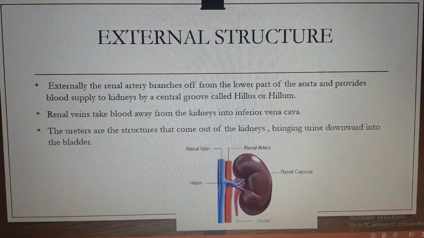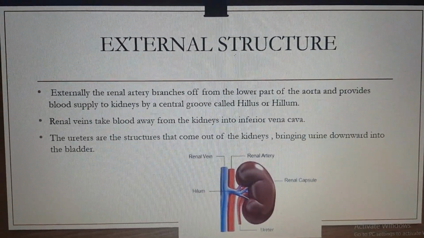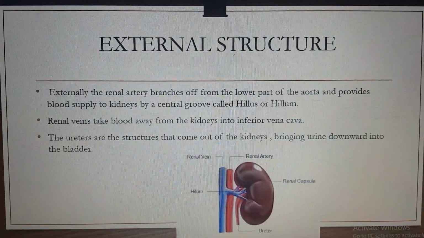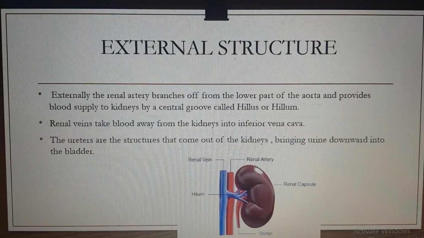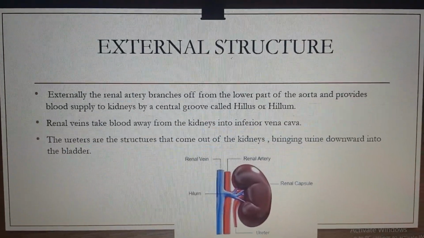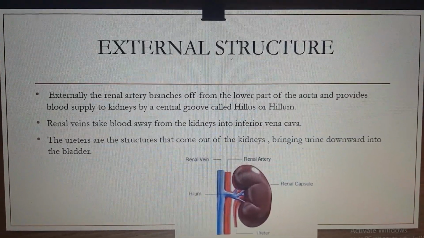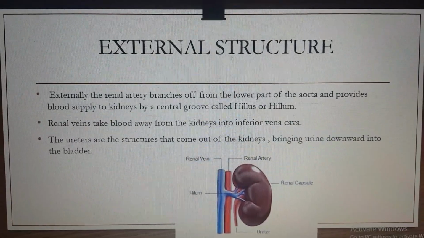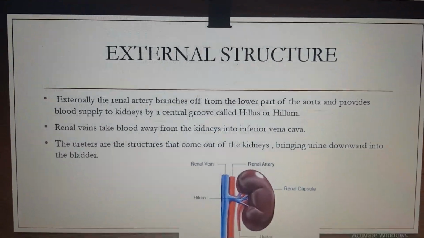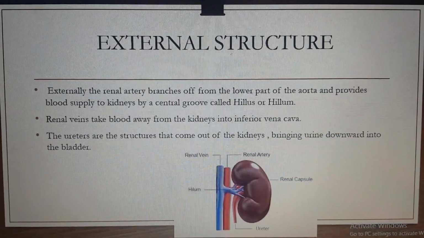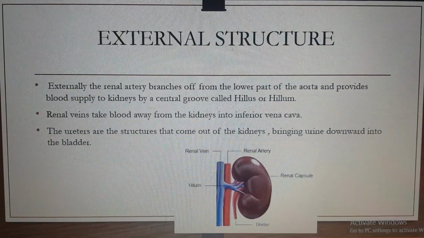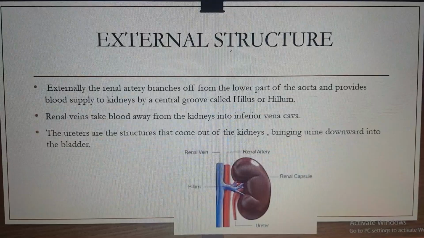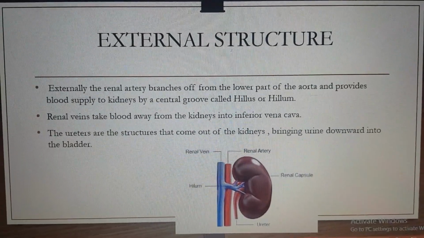So let's discuss the external features of the kidneys. The kidneys are supplied with blood from the aorta through the renal arteries, and then this blood is taken back through the renal veins, and these renal arteries and renal veins open at the hilum or hilus area of the kidney.